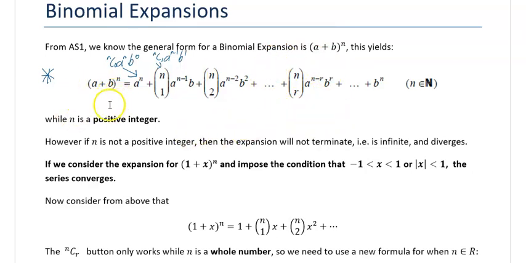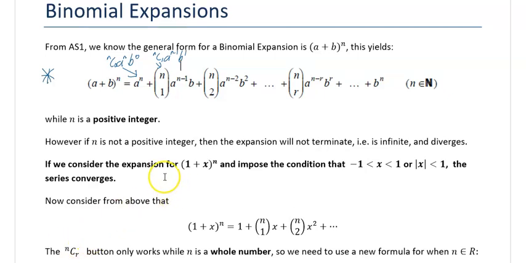This is for n being a positive integer. However, this expression nCr does not work for a negative number or a fractional number. So it just does not work, and we have to have a different way of looking at that.